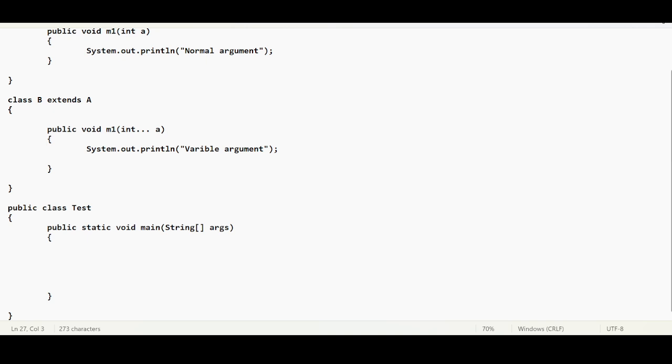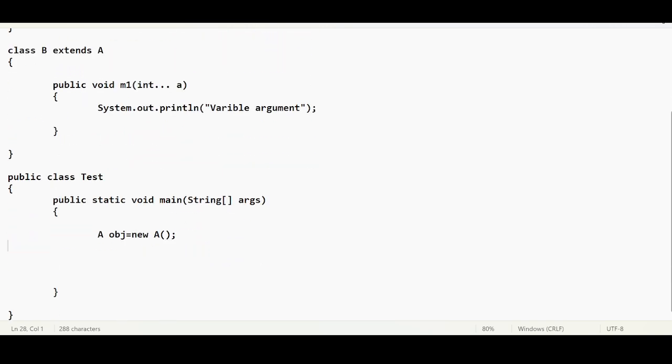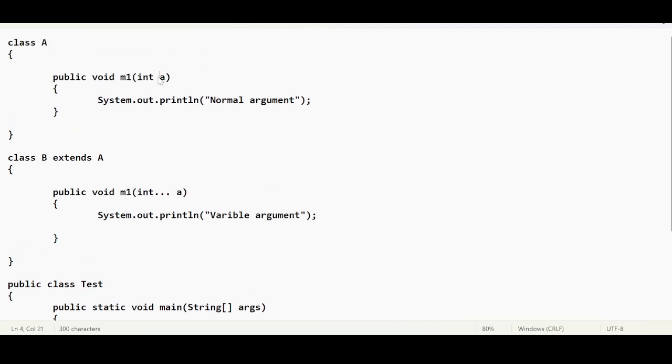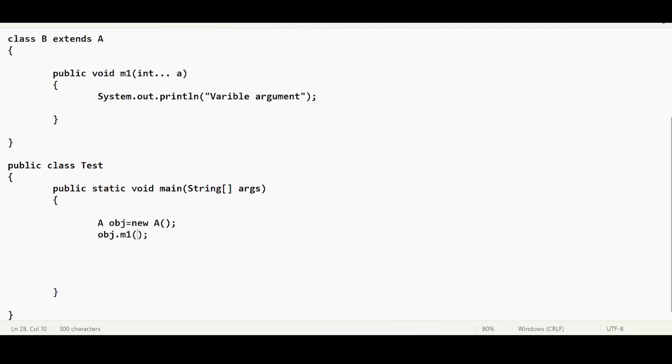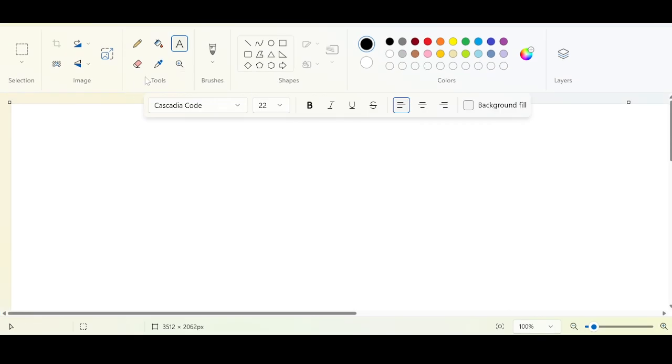So I create an object for class A, obj equal to new A. By using this reference obj dot m1, I need to pass some argument, 10. If you pass the value 10 here, let me take this to the paint screen for a better observation.